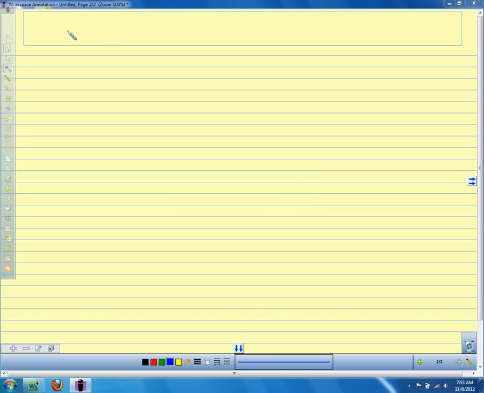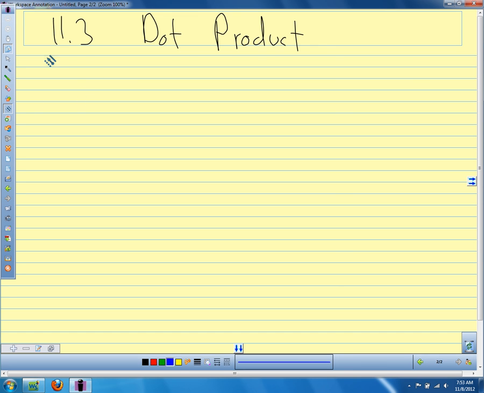So we're in section 11.3. The dot product is just one form of vector multiplication.